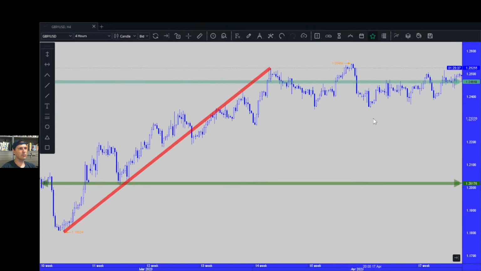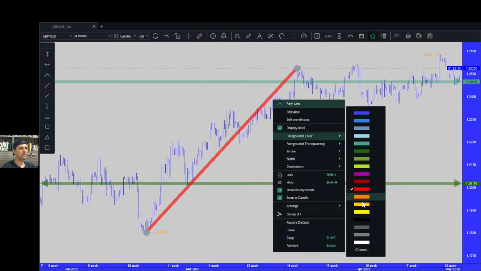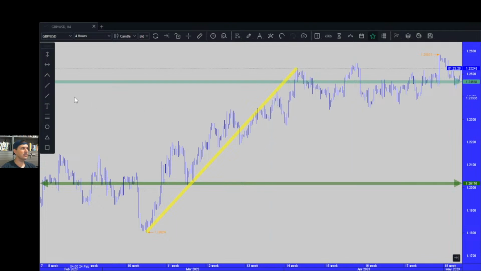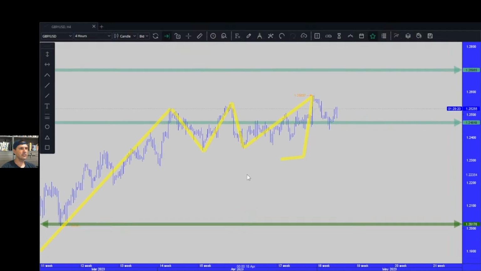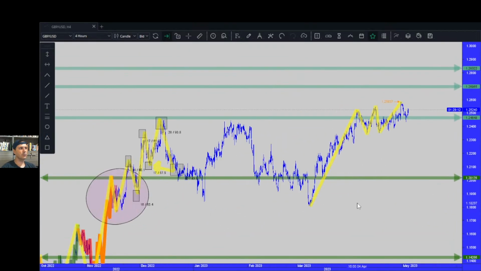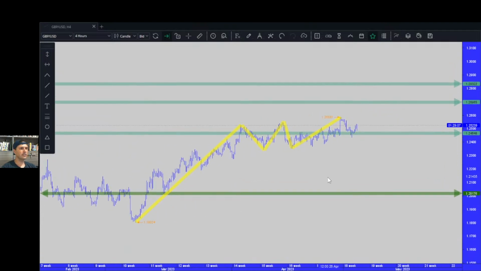Is this a downtrend? Yes, it is. So new market wave, everybody. Something like this and something like that. Extension, retracement, extension, retracement, extension, and we are here right now. This is the most recent market wave on GBP USD 4-hour chart.